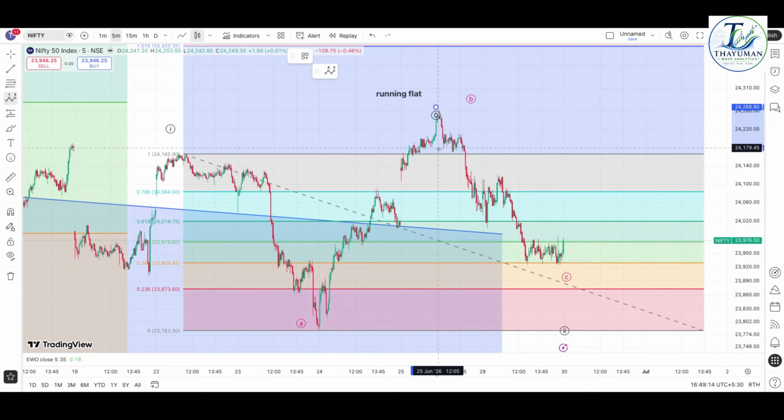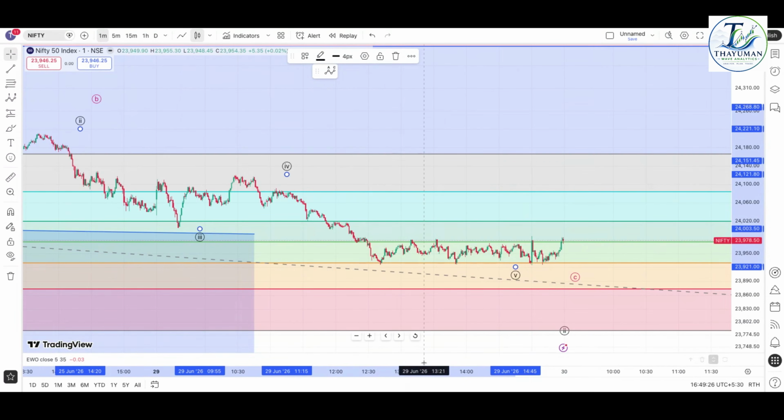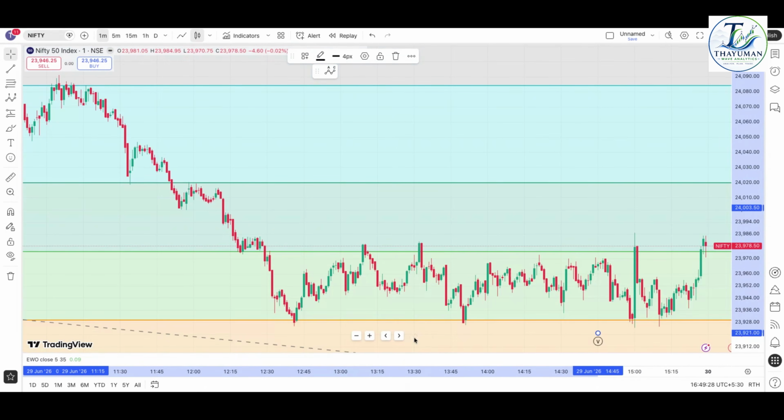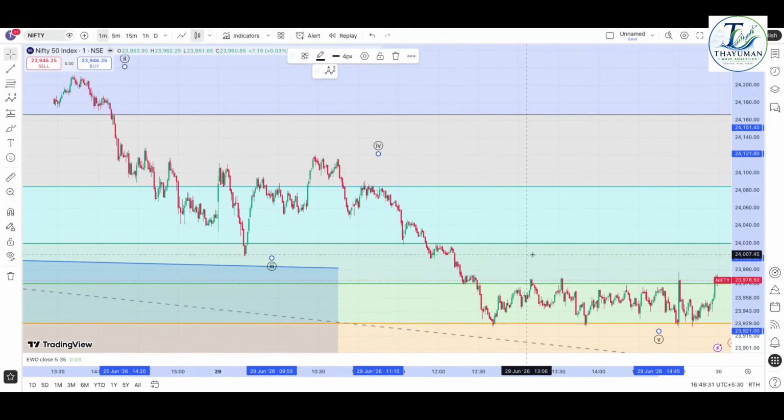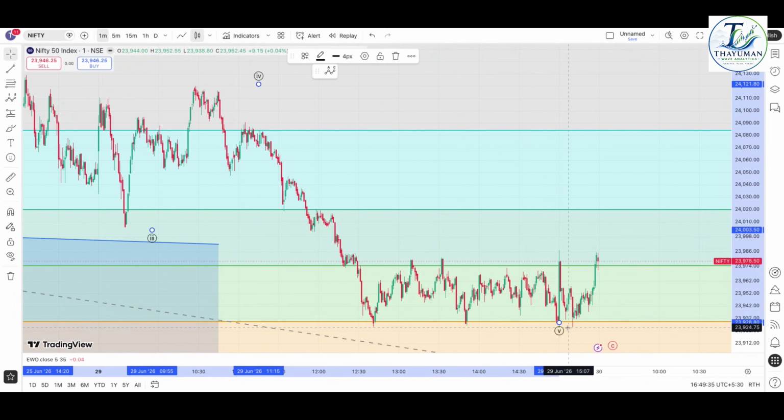So 0 1 2 3 4 and 5, and we have an impulse. Okay, this is one way of thinking. If we go further deep into that, if this is our idea, then the one that started from here after this correction should be an impulse, which means it's going up.